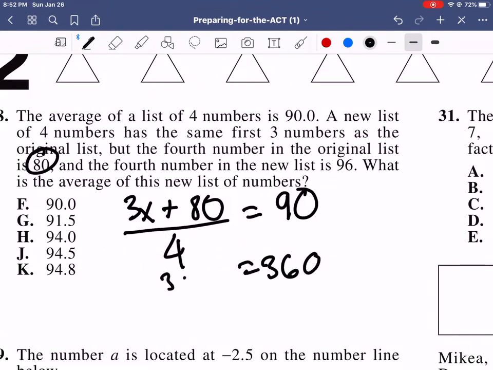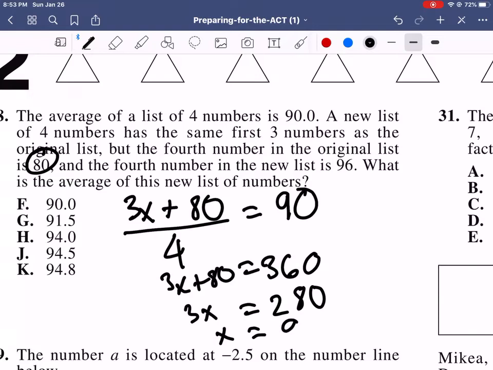360 equals 3x plus 80. Subtract 80. You get 280. And then for 3x, if you put that in the calculator, you get x equals 93.3. If you substitute 93.3, because you know that that's the first 3 numbers now, and the 4th number is 96.